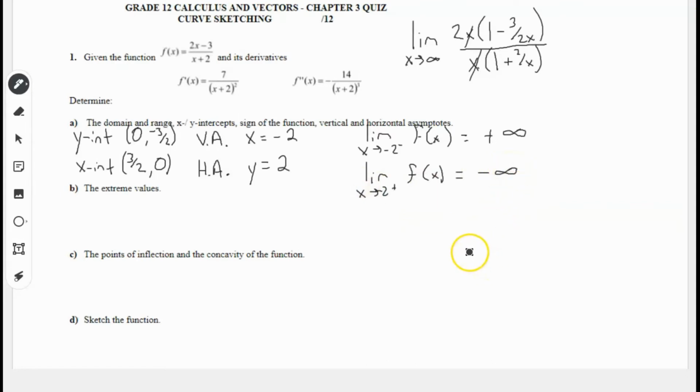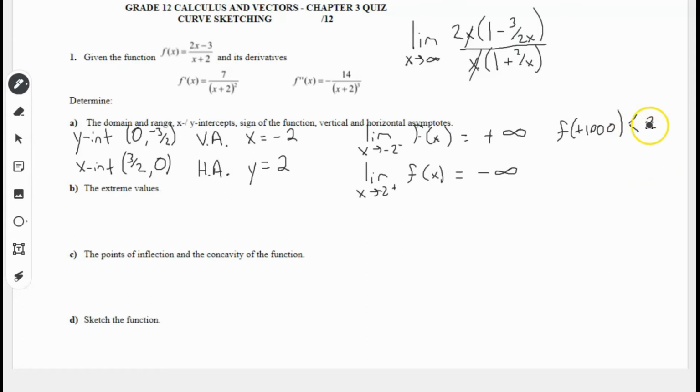All right, what about our horizontal asymptote? We want to know where it's coming from above and where it's coming from below. As x approaches positive infinity, you can take a very large number like positive 1,000 and check it. When you plug in positive 1,000, you get a number that is less than 2.